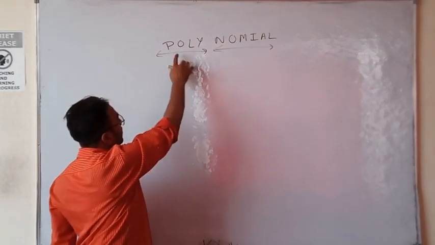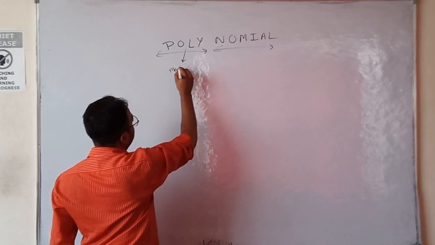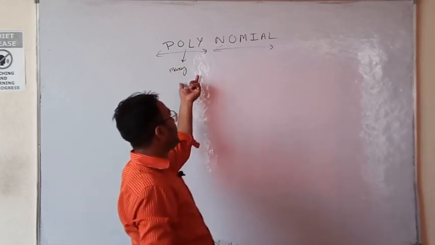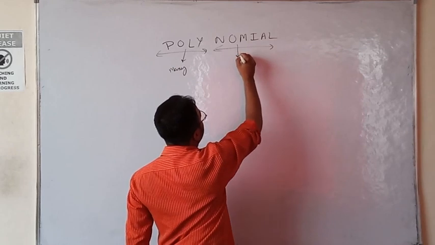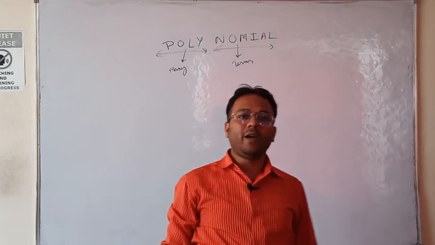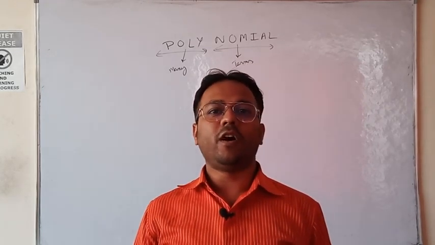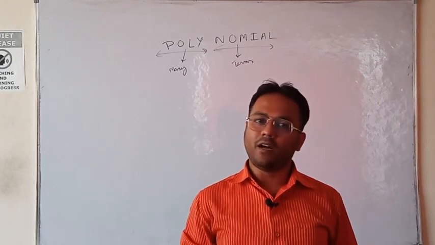Now what is the meaning of poly? Poly means many. Nomial means terms. So polynomial is an expression which has one or many terms.